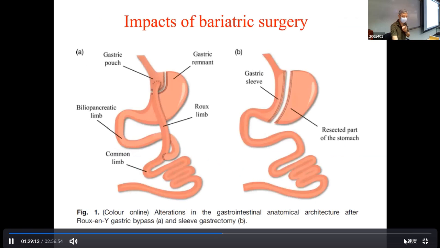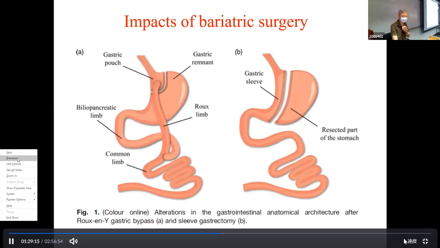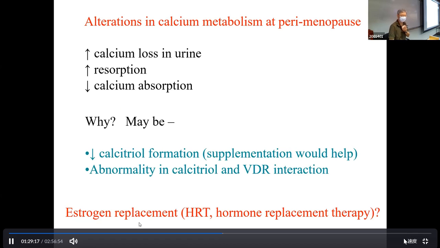But this, of course, is something which is important for you to consult with the doctor, because estrogen replacement has been associated with certain types of cancer risk.